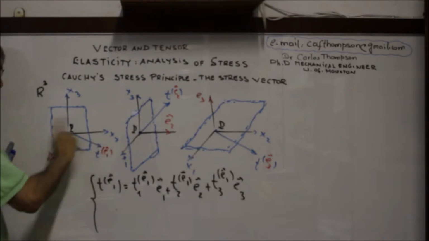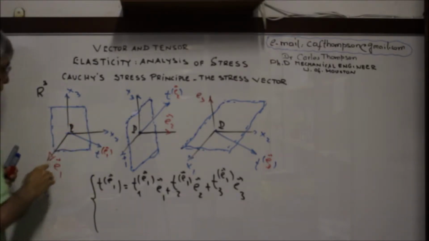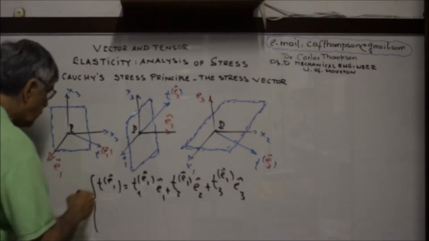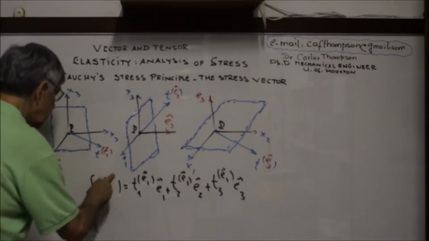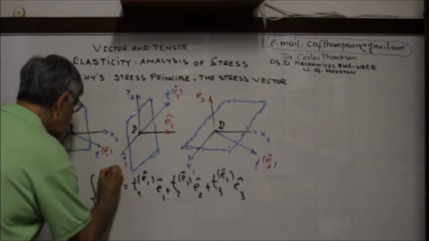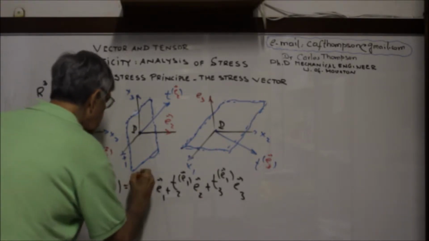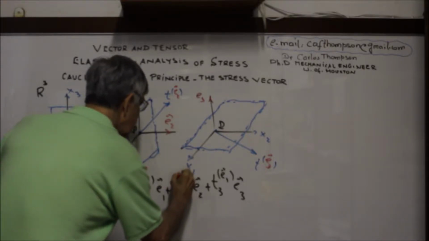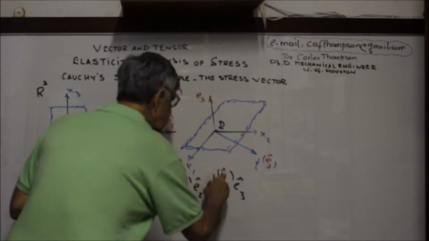The vector here doesn't belong to any plane, so I can decompose it in the three components. Let's put E1 here just for you to understand. So this is U1, this is U1, and this is U1.